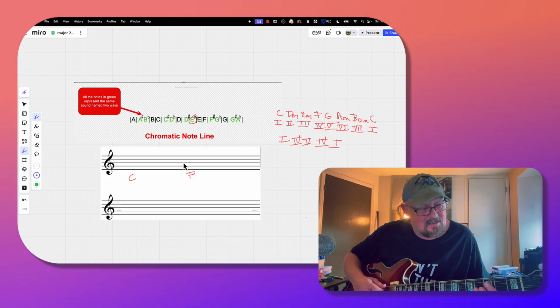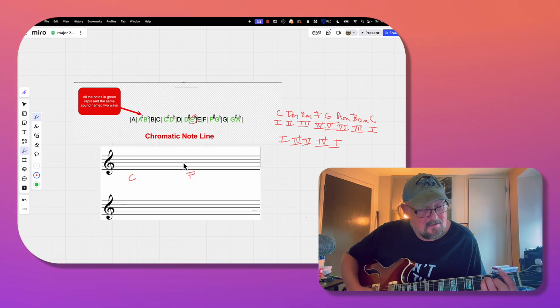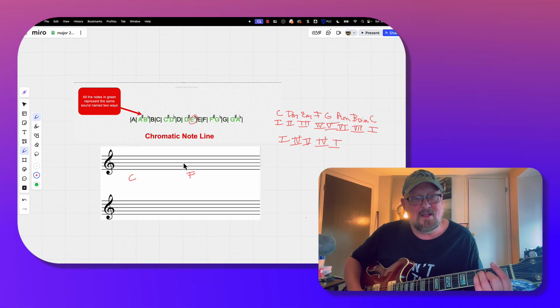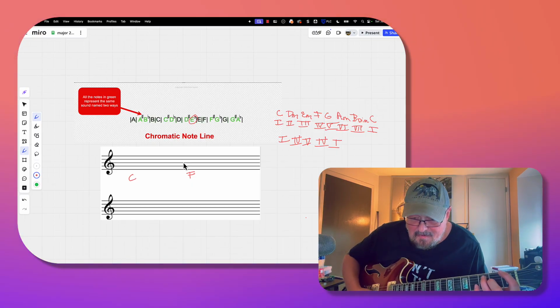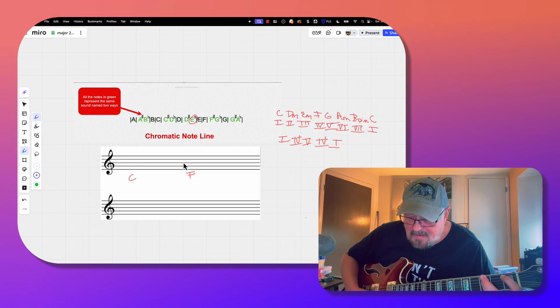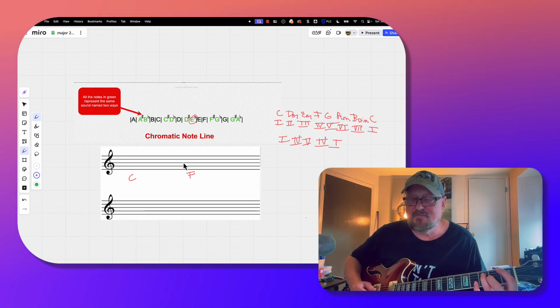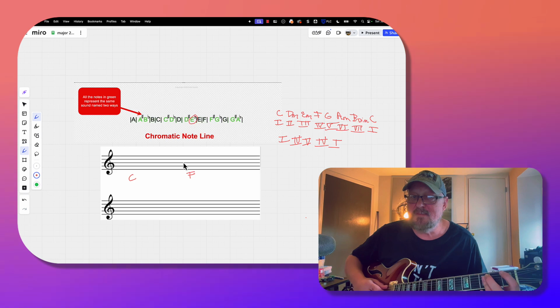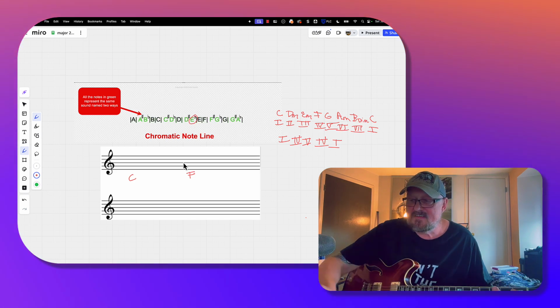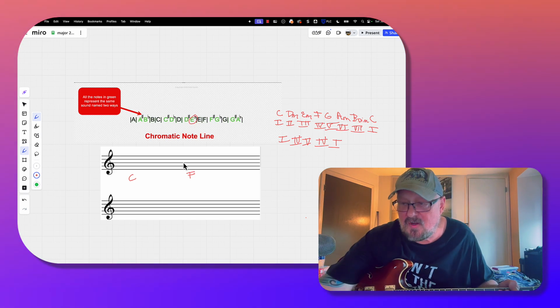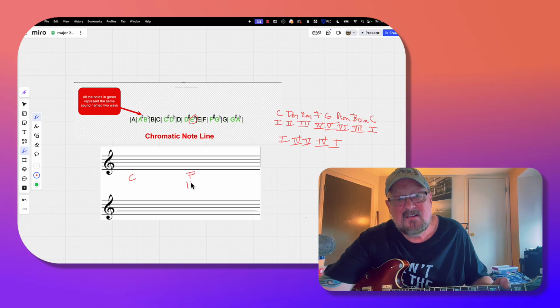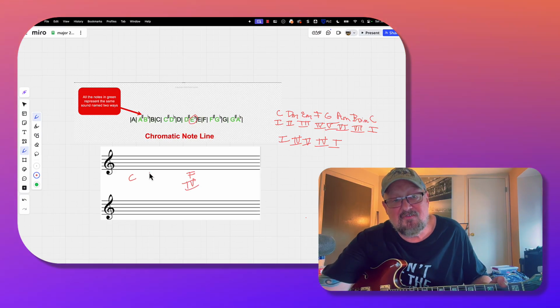But anyway, if we do it in F, it's 1, and then it goes to B flat. So it's 1, F7 is 5/7 of 4, and 4 is B flat. Okay. So we have 1, and the target chord is the 4 chord, and 5/7 of 4.